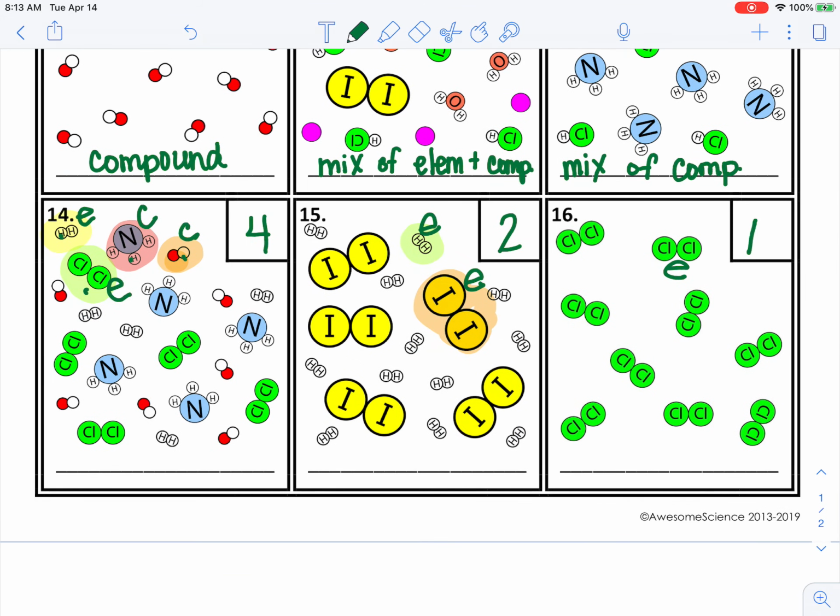I want you to pause the video and try to do 14, 15, and 16 on your own, please. All right, let's check your work. So for 14, I have 4 different particles, so that's a mixture. And they are both elements and compounds.